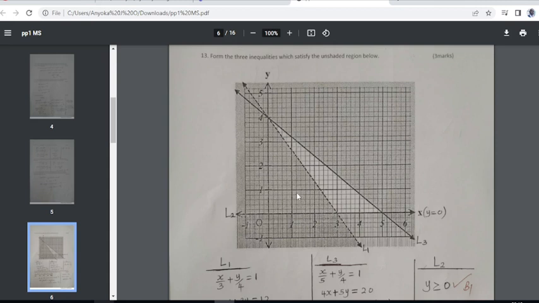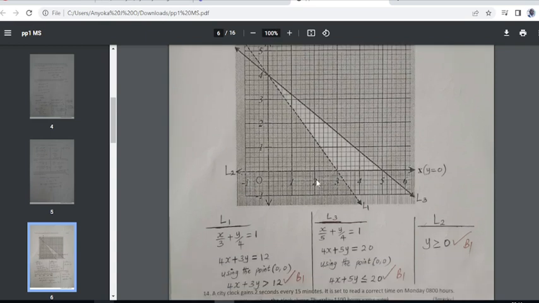L1, if you observe, it is a broken line. If it is broken, we need the inequality which is less than or greater than. So line L1 cuts the y-axis at 4, and it cuts the x-axis at 3. These are the intercepts. 4 is the y-intercept, and 3 is the x-intercept.